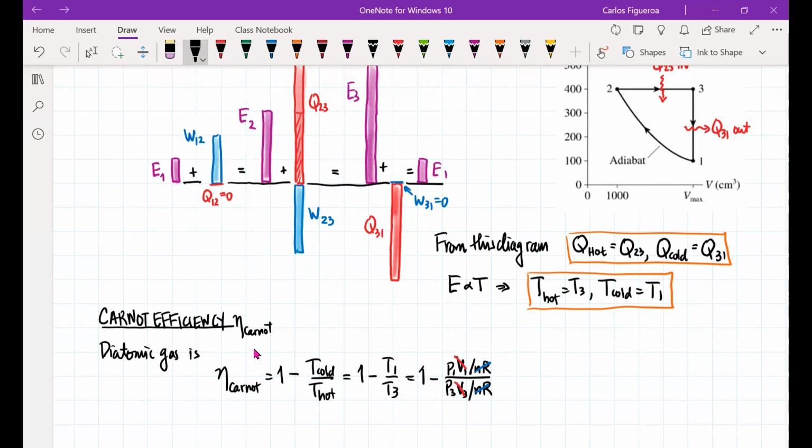So this really is 1 minus pressure 1 over pressure 3. Putting this together, I'm going to get 1 minus 100 kilopascals over 400 kilopascals, which tells me that this is going to be 75% for the Carnot efficiency. So I now know what this value is.